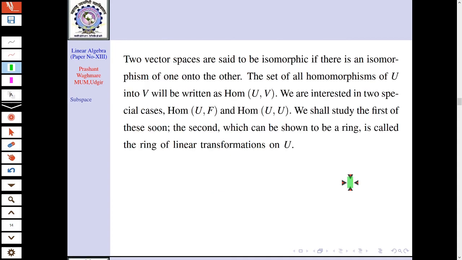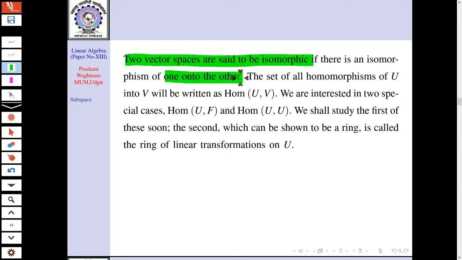Yes. So let's go ahead. Now when can we say that two vector spaces are isomorphic? We know the definition of isomorphism now. Two vector spaces are said to be isomorphic if there is an isomorphism of one into the other.